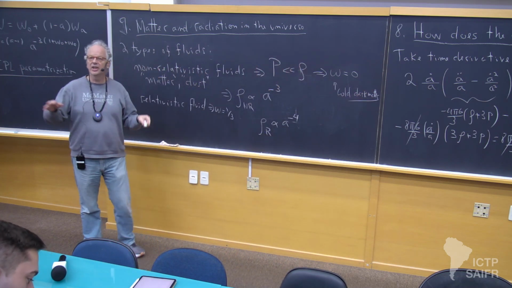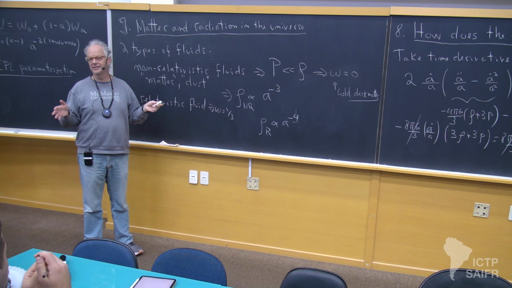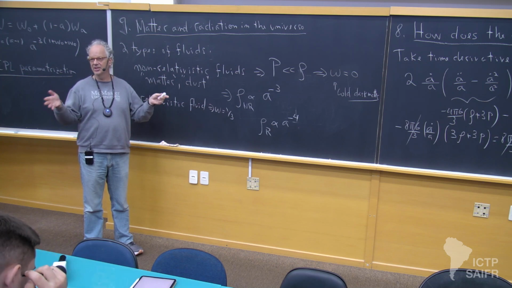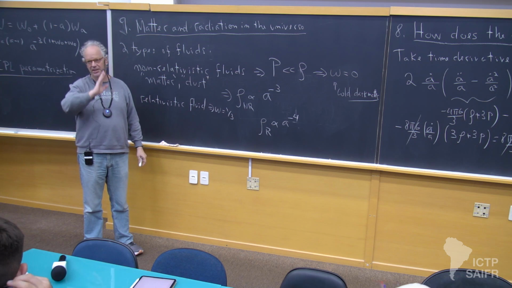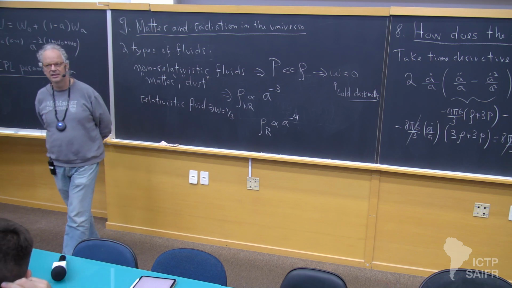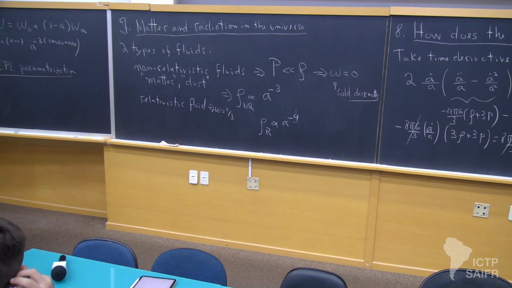So what you do, you actually have the expressions for the phase space distributions of these things, and you just integrate over phase space, and you get the relations between pressure and density. So I'm doing something very simplified here.